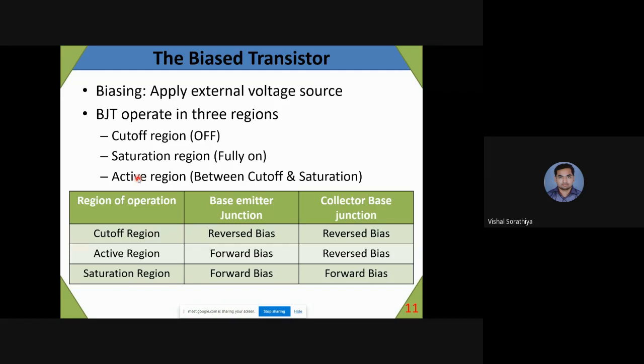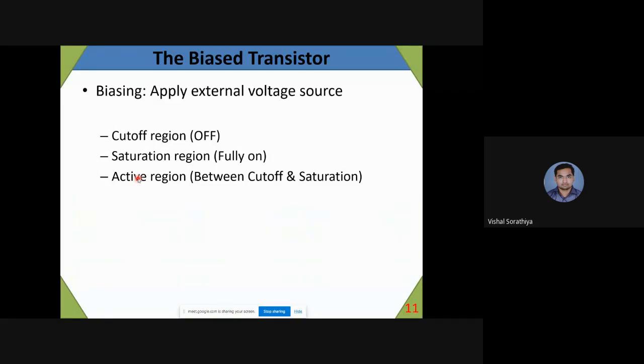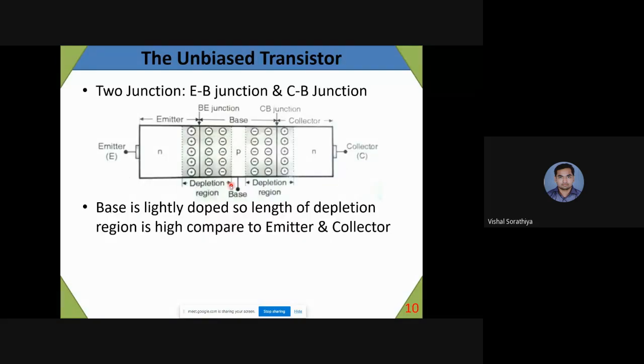If you are considering this, there are several things to consider. First, you need to identify which is your common terminal. Before biasing any transistor, you first need to get an idea of what your common terminal is. In the previous diagram, if base is my common terminal, I need to check the power supply applied between the emitter base junction and the collector base junction.